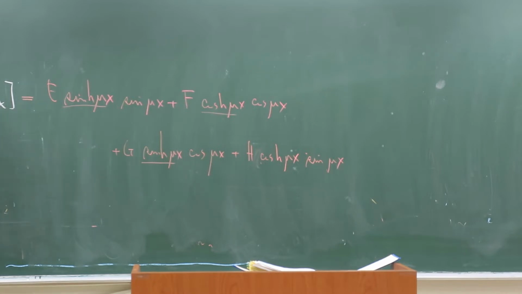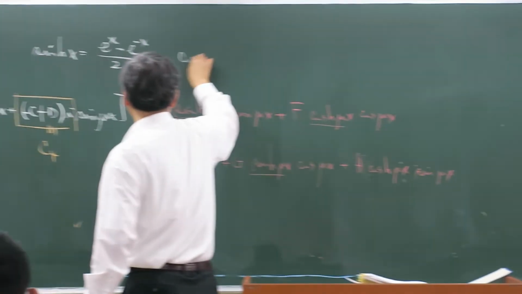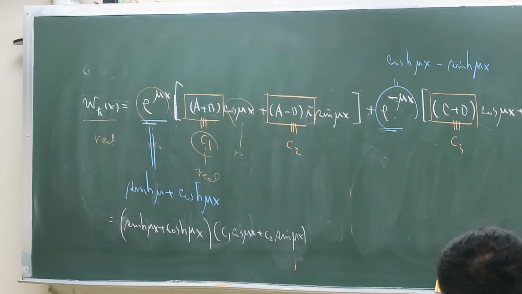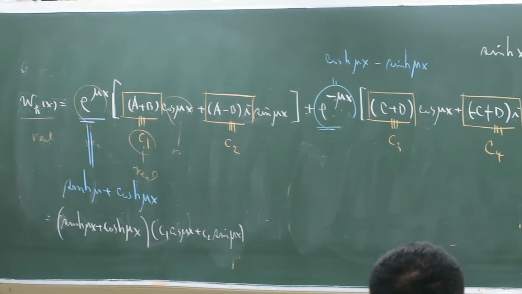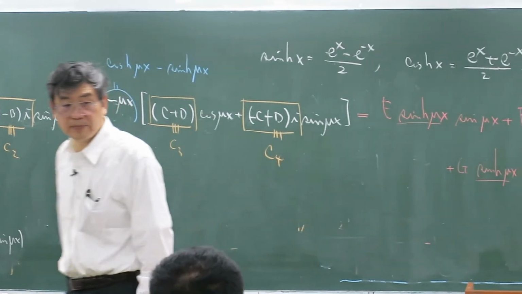Because hypersine x is equal to half exponential x minus exponential minus x, and hypercosine x equal to half exponential x plus exponential minus x. Okay, this is the definition for hypersine, hypercosine.